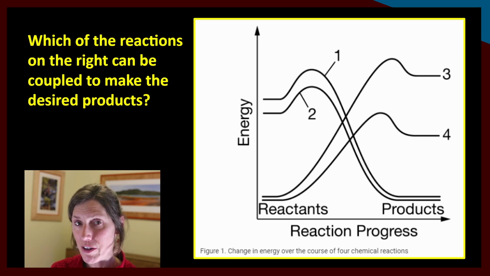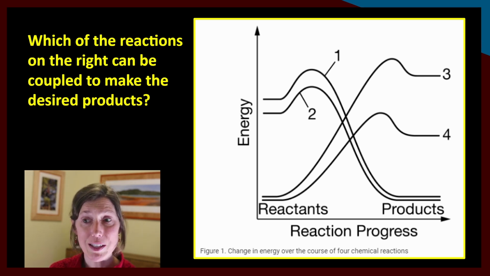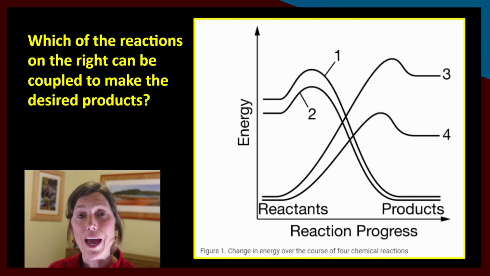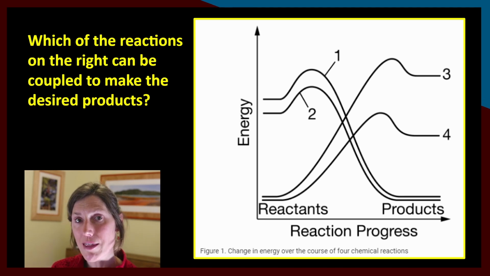So that question in and of itself might be a little bit confusing, but it basically underscores exactly what is happening during ATP hydrolysis. Energy is released, and that amount of energy can then be coupled to a different reaction that requires energy. So let's see how we can apply that concept to this question.